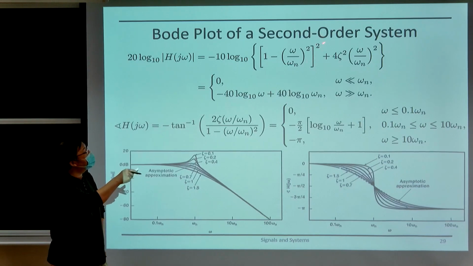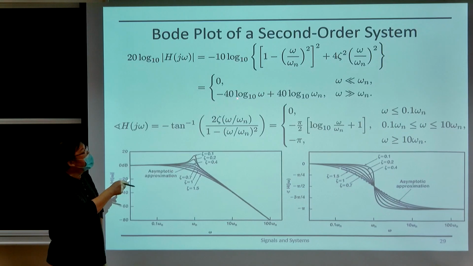You bring the 4 outside to get minus 40 log 10 omega, and the minus canceled with the minus here becomes a plus 40 log 10 omega n.